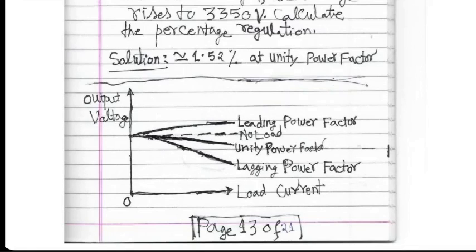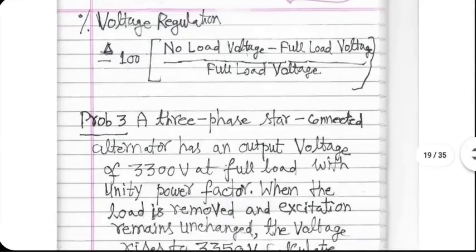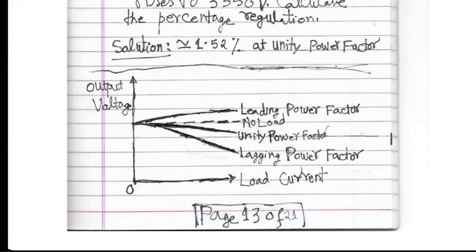Interestingly, what we have found both in theory and in practice is that if the power factor of the load is leading, that means current is leading the voltage, then the full load voltage is higher than the no load voltage, which is what we actually saw here, I think. No, here we didn't see that. Fine. And if it's unity power factor, then full load voltage will be slightly lower than the no load voltage.